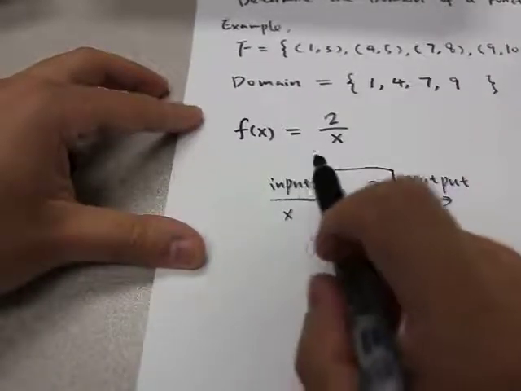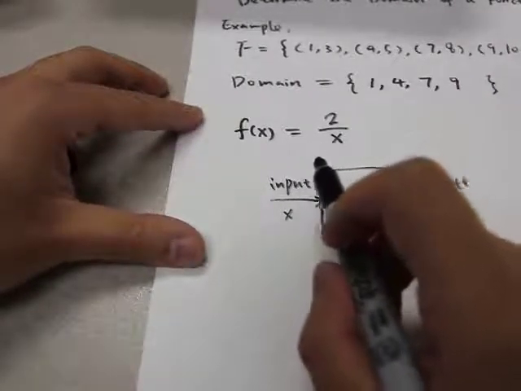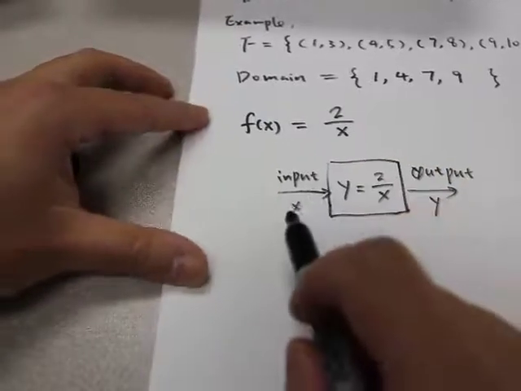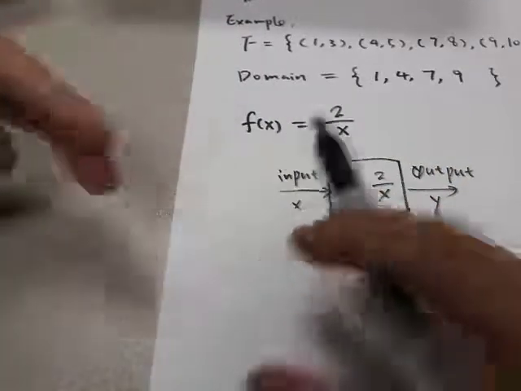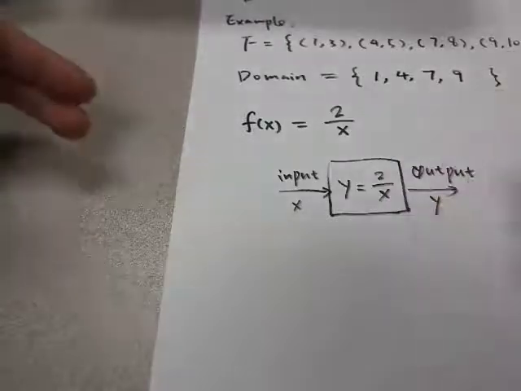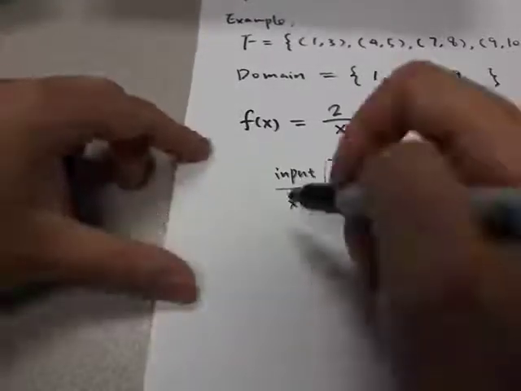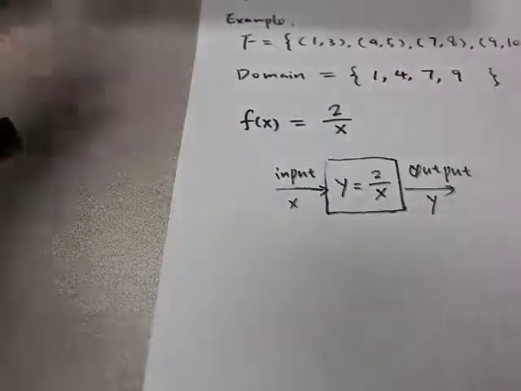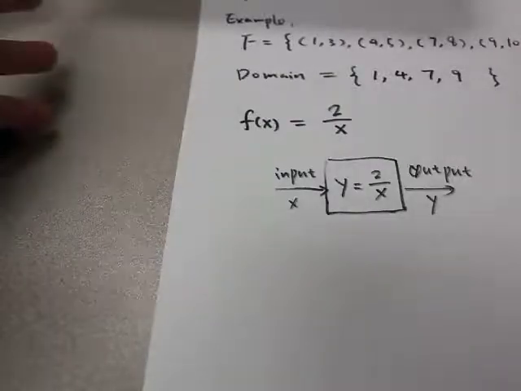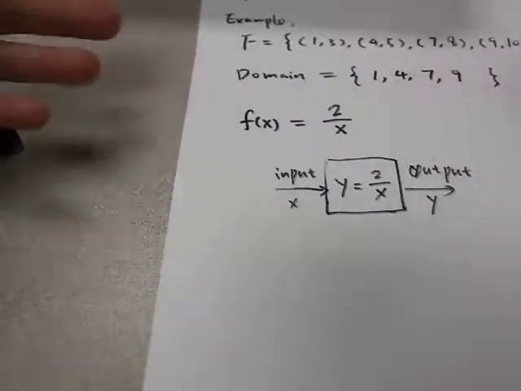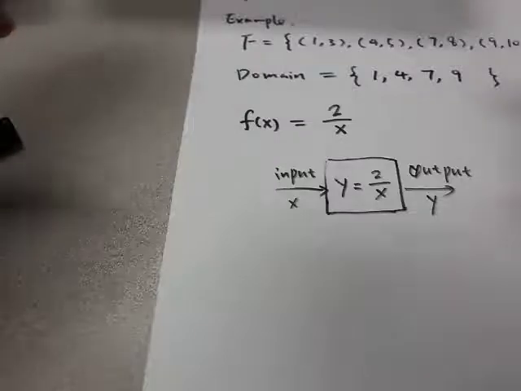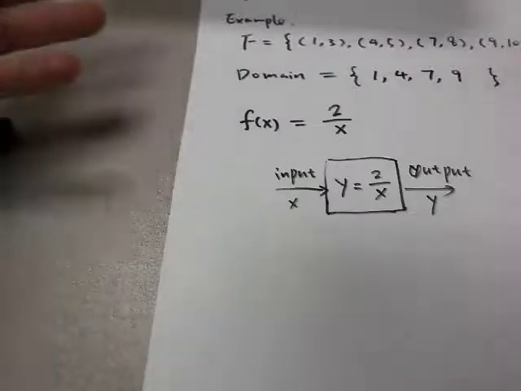So in this case, to define the domain, it's like we need to determine what our inputs are, right? This is like you have a microwave, and you want to think about what kind of thing I can put in the microwave.